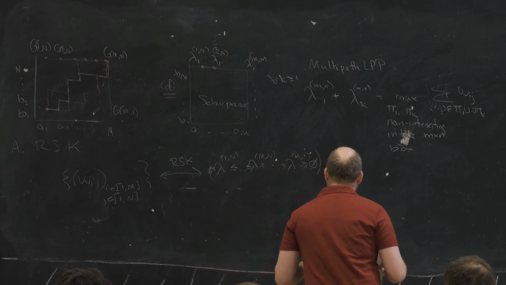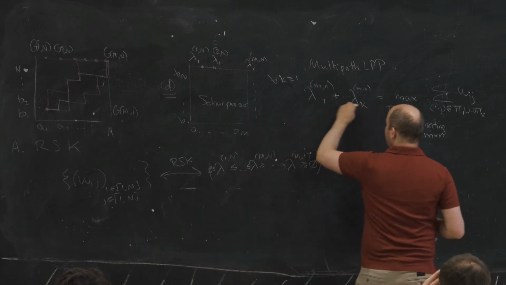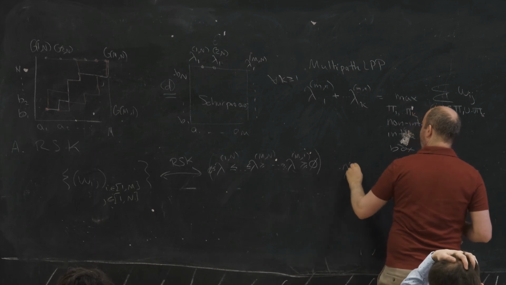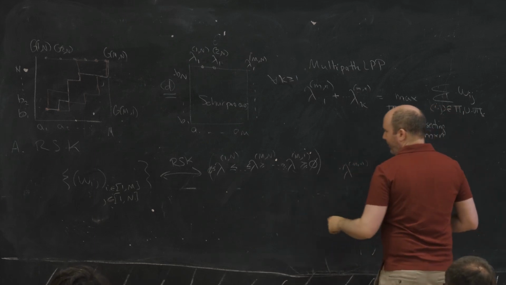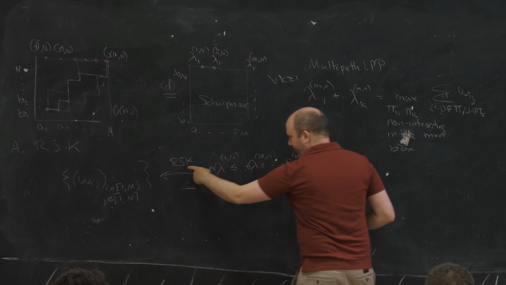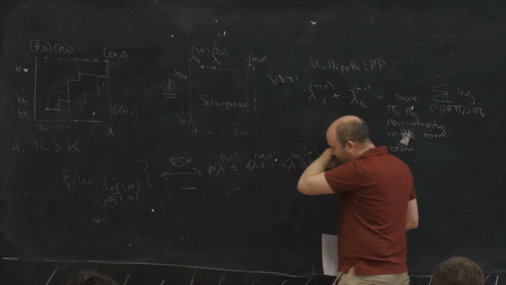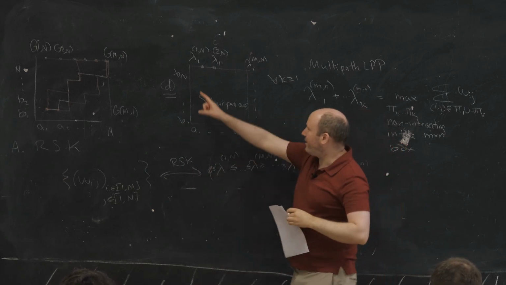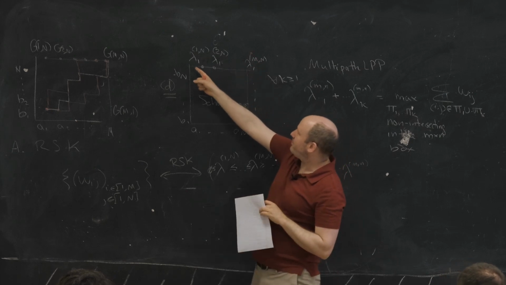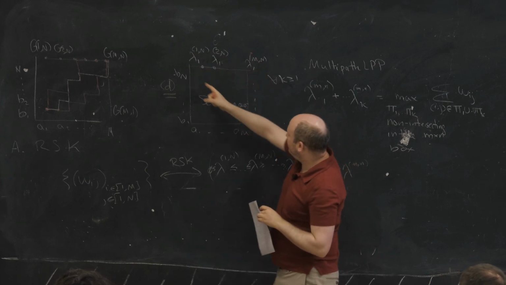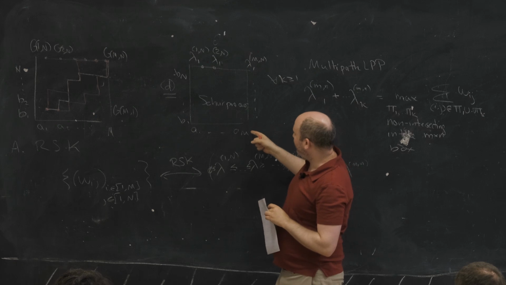This defines lambda mn, and now I need to tell you exactly what the RSK correspondence is. I look at my downright path, in this case all the way right and all the way down.